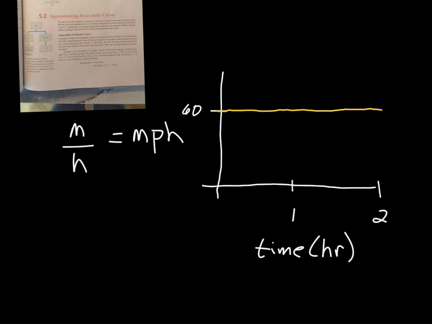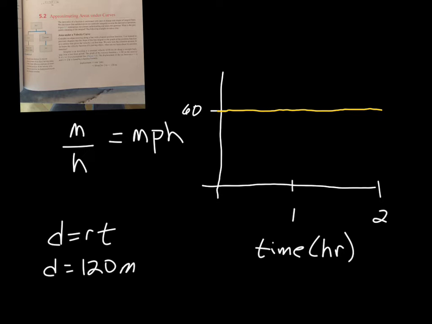Okay, and so the reason we're starting with this is because everyone knows, with this formula, distance equals rate times time, or displacement equals rate times time, that if we're cruising at the same speed, if you're cruising down the highway at 60 miles an hour, you set your cruise control, and you go for 2 hours, we all know that the distance that you've traveled is going to be 120 miles.